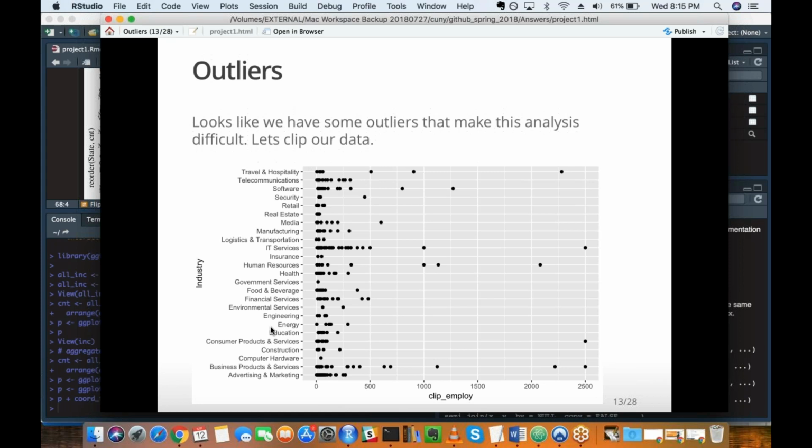And what this is telling us about the data is an overall distribution of employment at these companies.